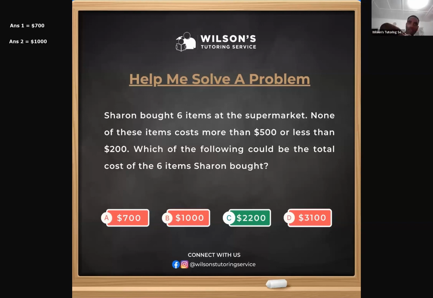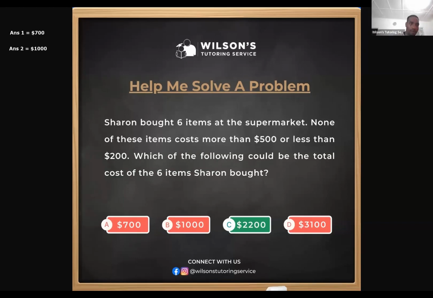Say I have one item whose cost is greater than $200. So between 200, I have 300, and all the other numbers associated with 300, like 320, 350, 360.